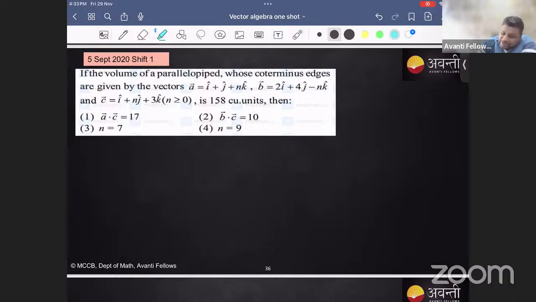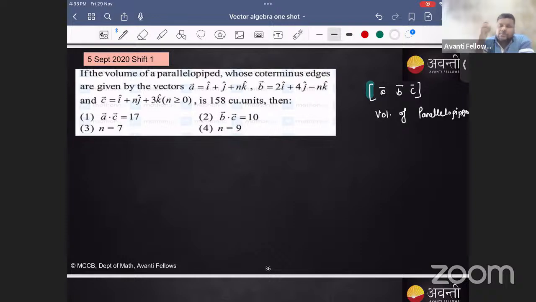I told you, scalar triple product. This box A, B, C is the volume of parallelepiped. And if we are to find the volume of tetrahedron, it is 1/6 of box ABC, isn't it?